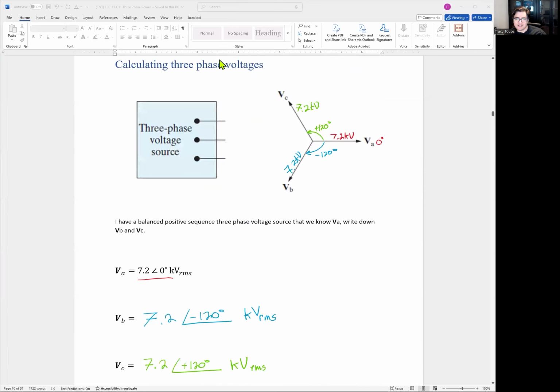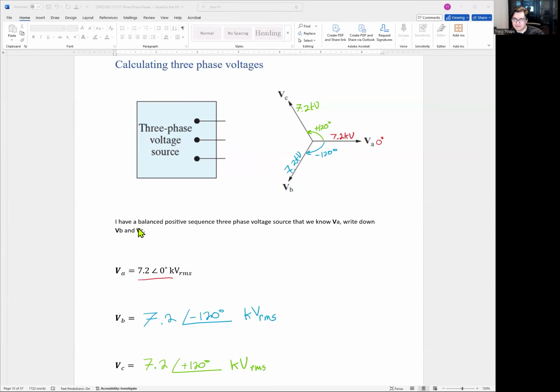Okay. So let's calculate the voltages for a 3-phase voltage source. This gets a little different now because these values can change based on your system. So for example, in this particular system, if I know VA is 7.2 kV, and we're going to say RMS values. I didn't say so previously because we were using sines and cosines, but now we're going to stick to RMS values. If I measure 7.2 angle 0 degrees for my VRMS, I already know what VB and VC are.